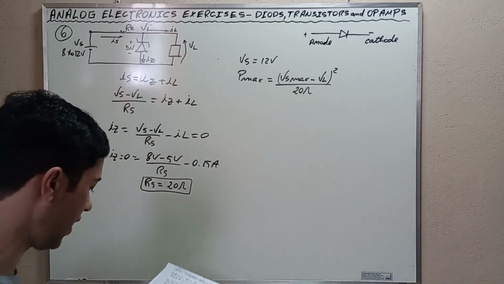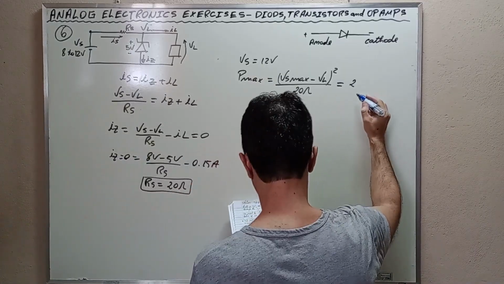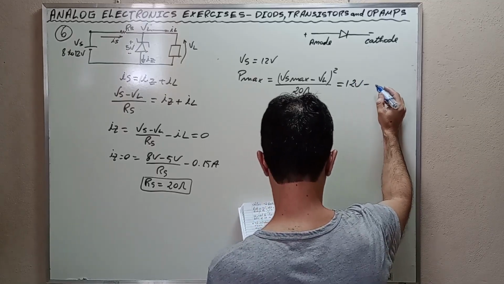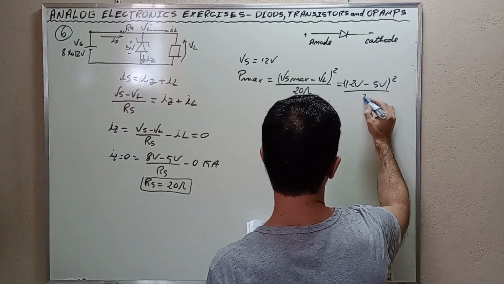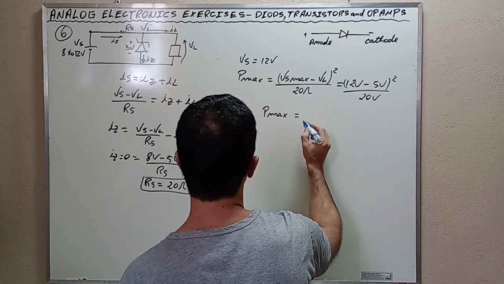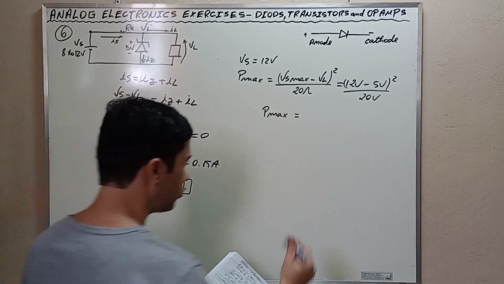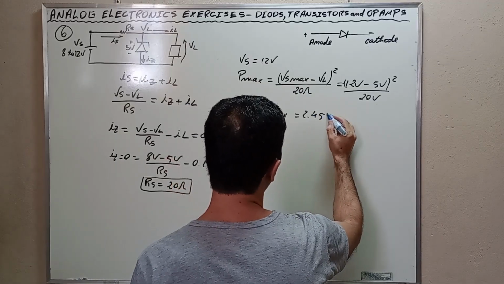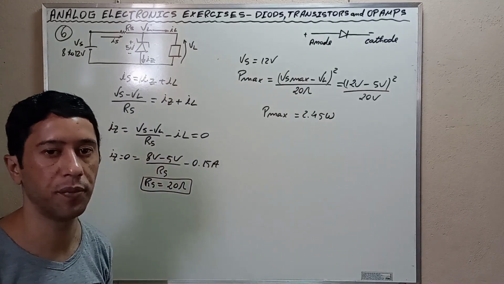Substituting the values, 12 volts minus 5 volts, squared, divided by 20 ohms, we find that the maximum power dissipated in the Rs resistor is 2.45 watts. Okay, my friends, and this is all for exercise number 6.